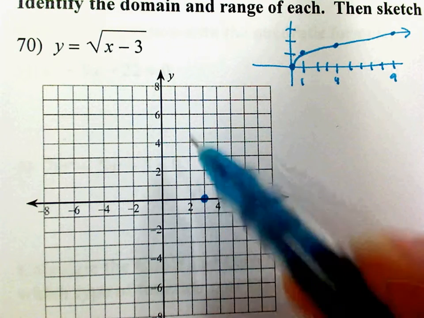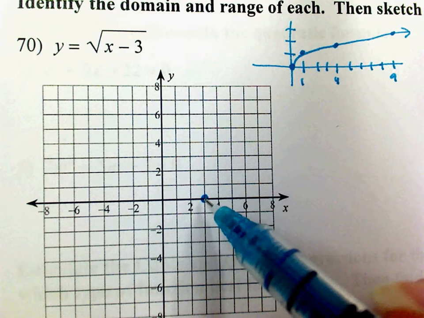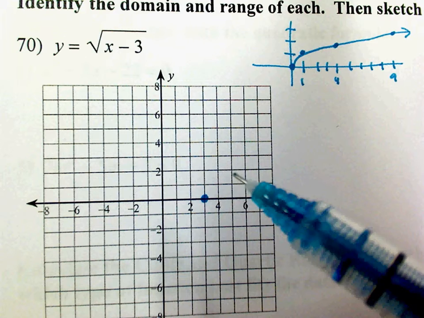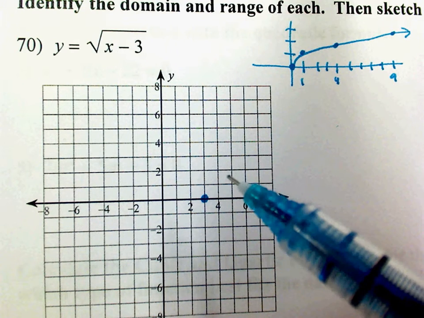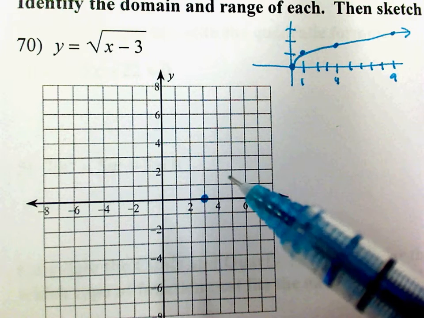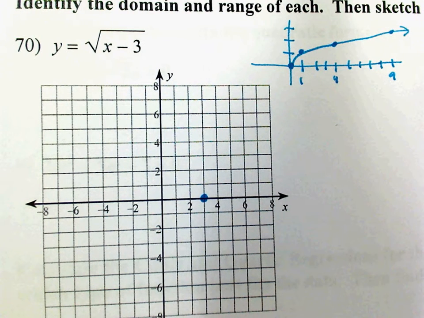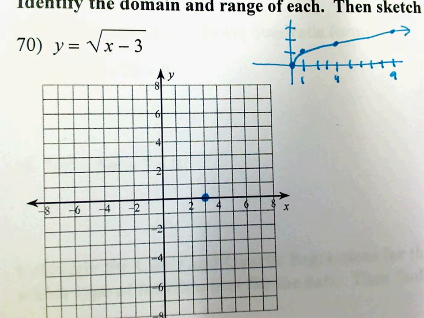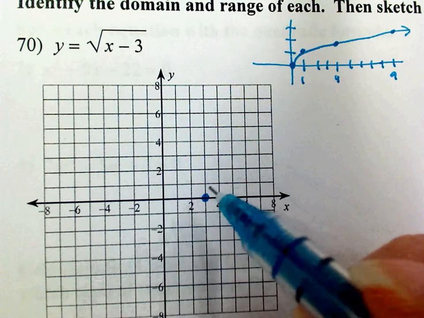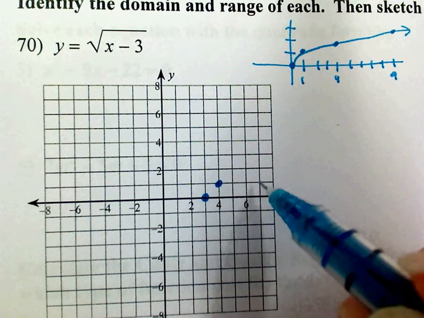Make sure that you know how to type in y equals and look at your table. 3 equals 0, 4 equals 1, and 7 equals 2, and that's really all you can see. And if you look at your graph, it just does that, right?